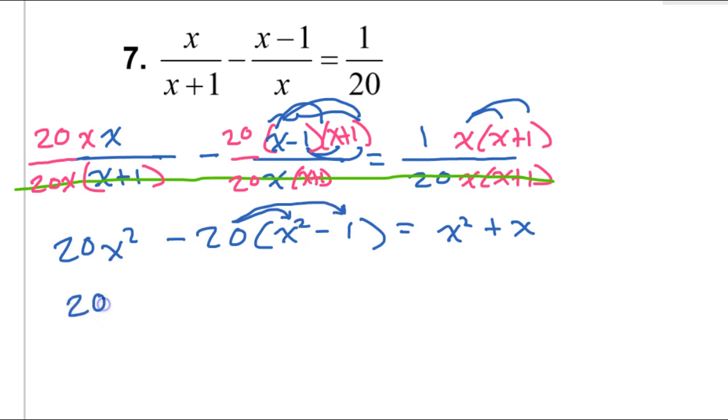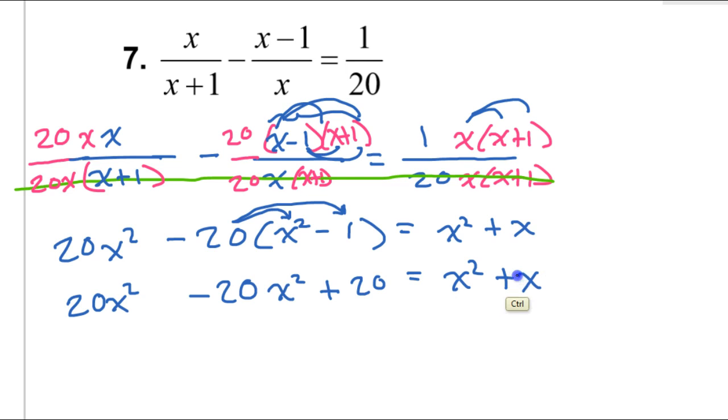So now I'm going to have 20x squared minus 20x squared plus 20. All right, that's the big mistake I'll see students make, putting minus 20. Negative 20 times negative 1 is positive 20. Is equal to x squared plus x.